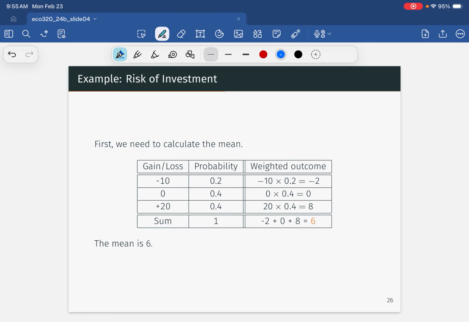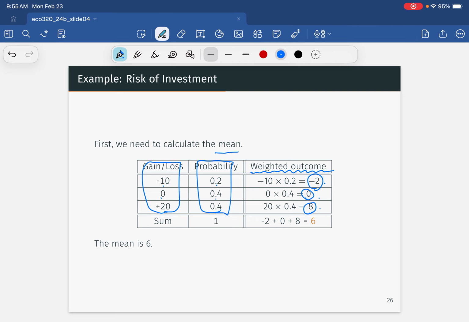Let's do it. The first step is to calculate the mean. These are outcomes and these are probabilities. So we are going to calculate probability weighted outcomes like this. Multiply minus 10 by 0.2, that's minus 2. 0 times 0.4 is 0. Plus 20 times 0.4, that's plus 8.